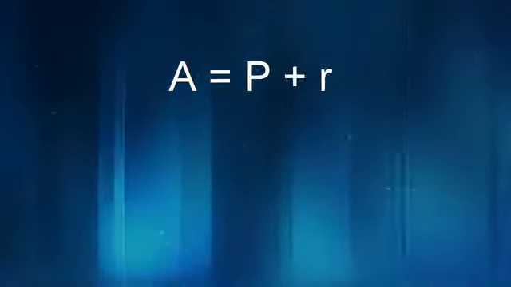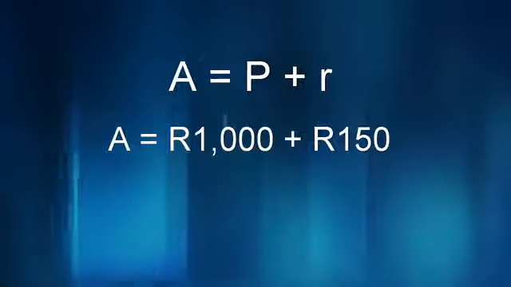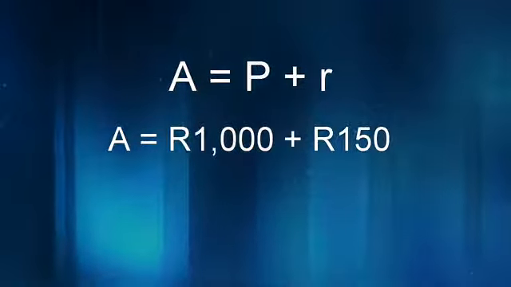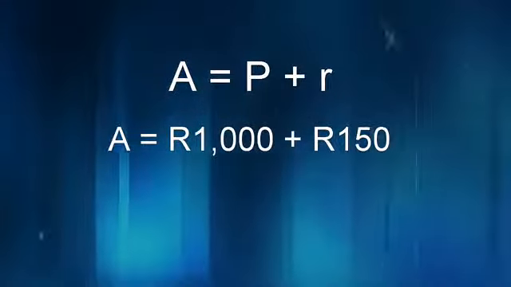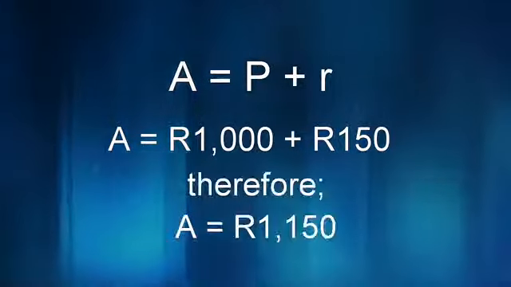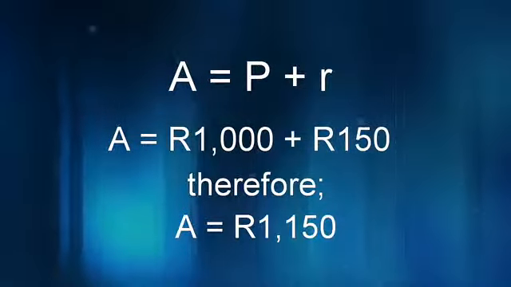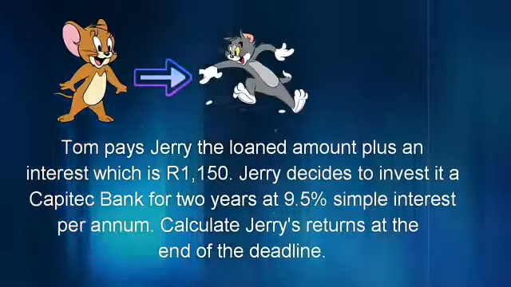So A equals P plus R, and then we substitute the principal amount with 1,000 and the interest with 150 rands, and then when we add them together we get 1,150 rands.